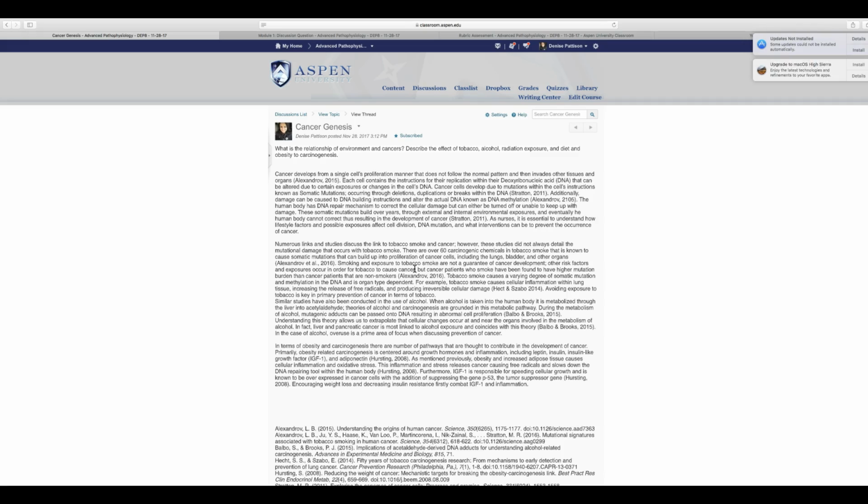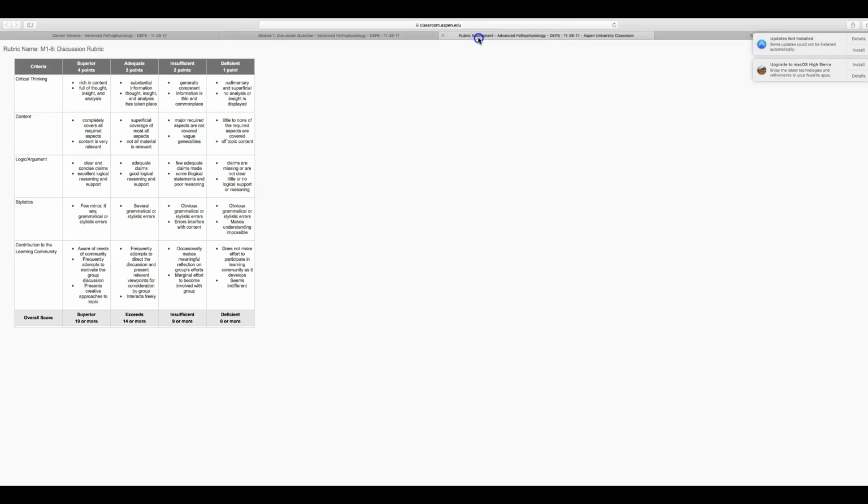It's great that you want to say that, but you have to use research and logical information to back it up, not just your gut feeling. So, for example, there are over 60 carcinogenic chemicals in tobacco smoke that are known to cause somatic mutations that can build up into proliferation of cancer cells, including in the lungs, bladder, and other organs. Great. So now we know that's a really good reason to tell people to stop smoking, right? That is an example of logic and argument.